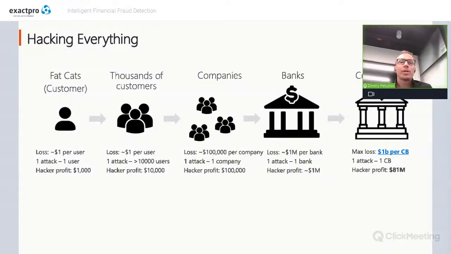With the evolution of online banking, it became faster to rob a lot of cardholders by withdrawing less than $1 from their cards, and it was massive attacks on bank customers.